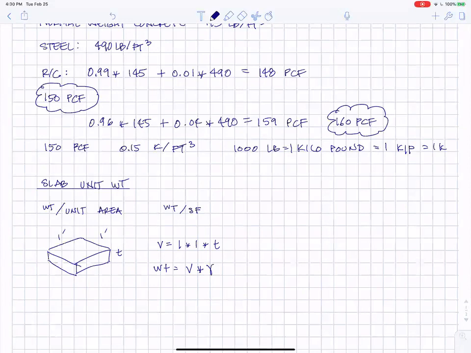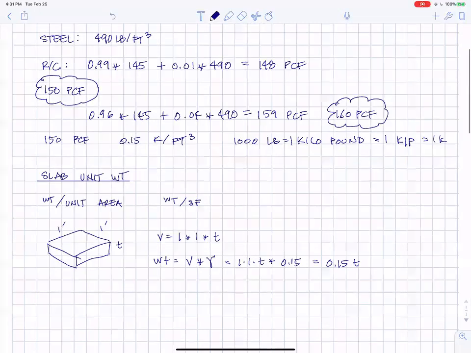I'll use gamma. So 1 times T times 0.15 kips per cubic foot. And that will be 0.15 T. There you go. Let's say you had a 4-inch slab.